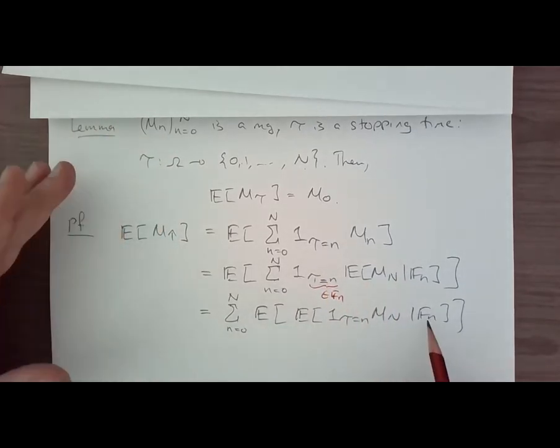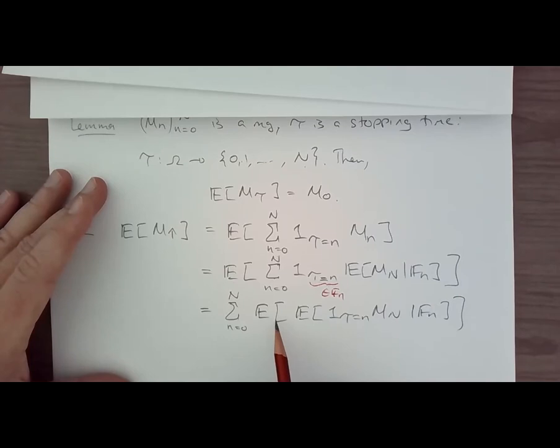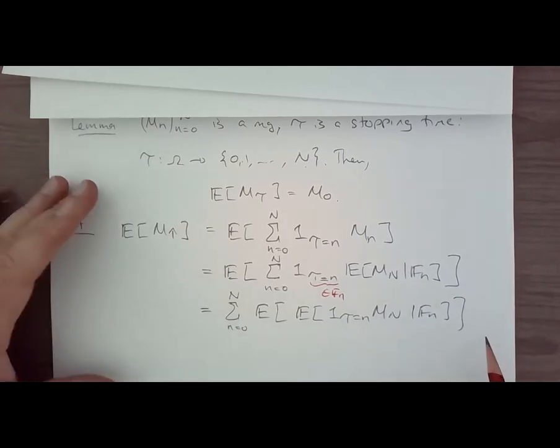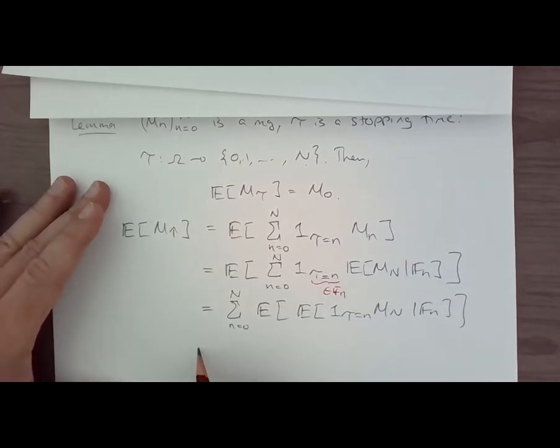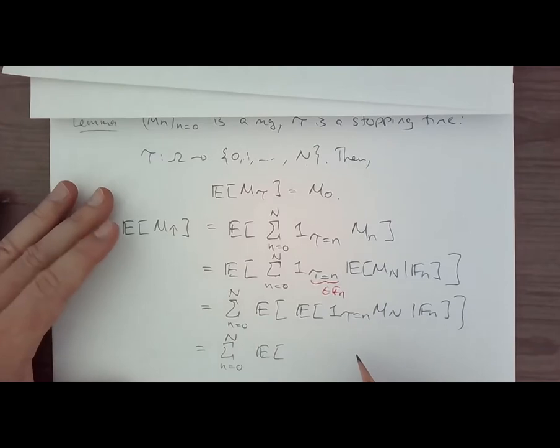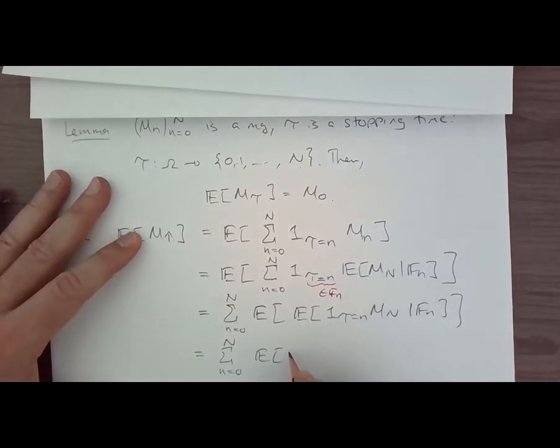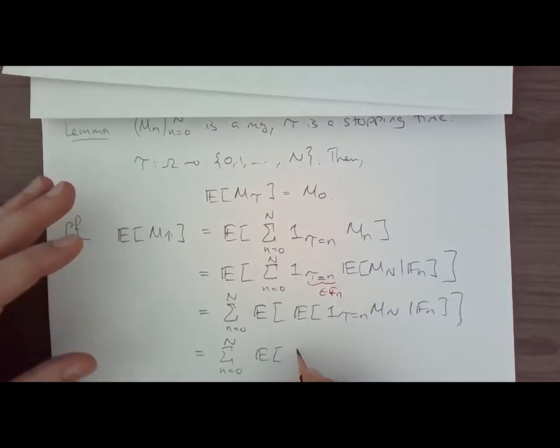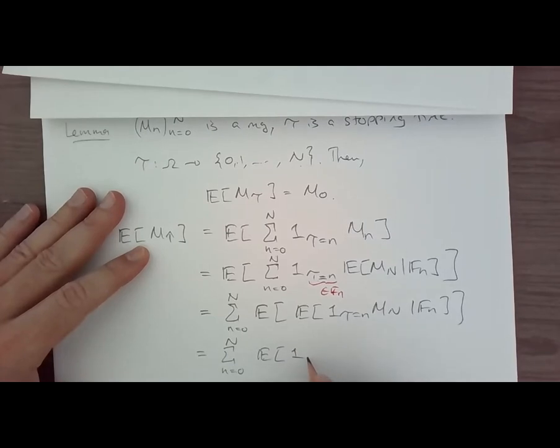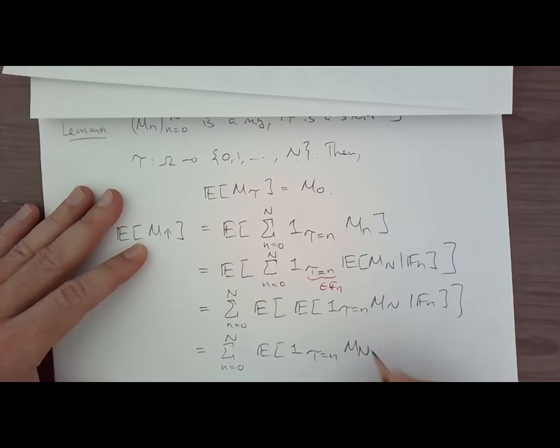Now we have iterated conditional expectations. Which one wins? The smaller one always wins. The smaller one is the unconditional one. So we are left with the expectation of the indicator of tau equal to n times M_N.